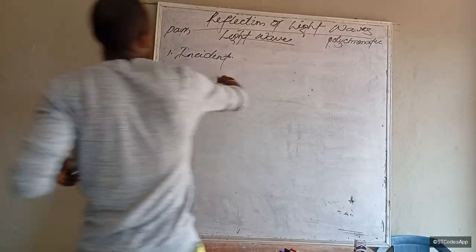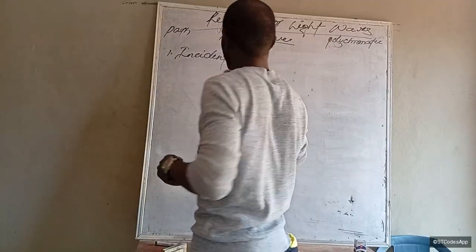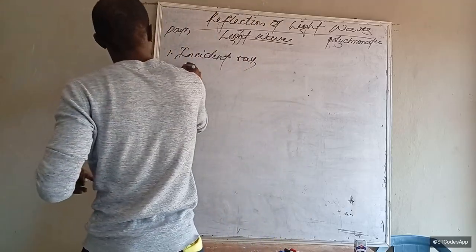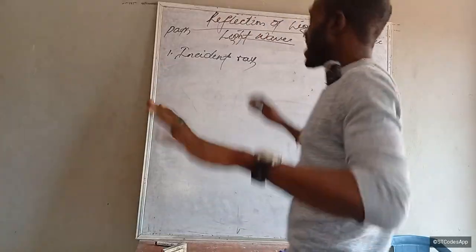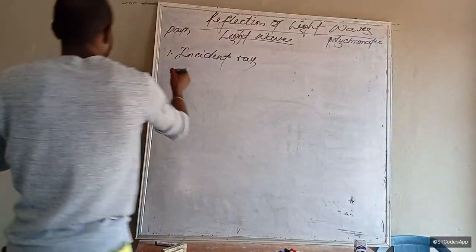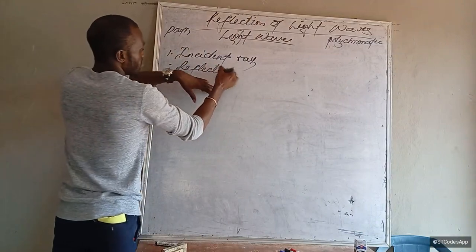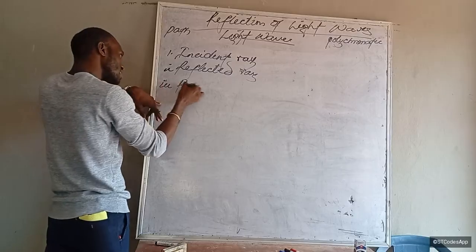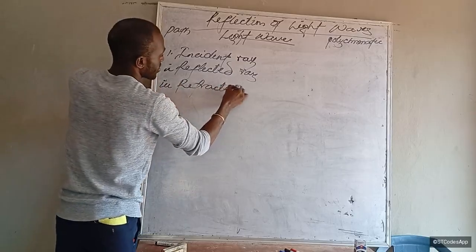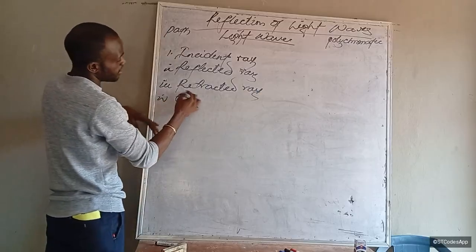Two, reflected ray. Wait, you don't need to write notes on it, let's just list them. I'll tell you what they are. Incident ray, reflected ray, refracted ray, and emergent ray.